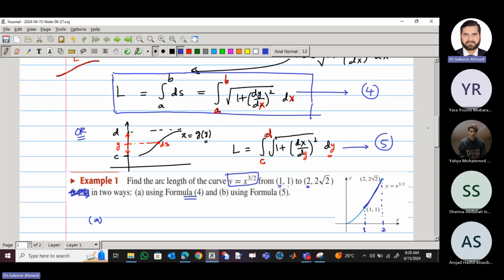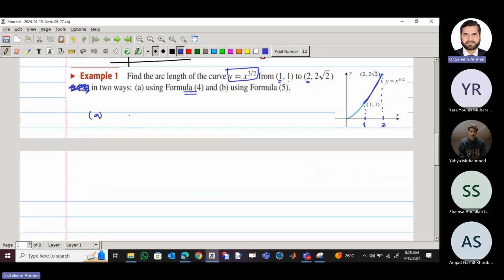So when I use formula 4, it means I have to find dy by dx first. Y is x to the power 3 by 2. So it will become 3 by 2 x to the power 3 by 2 minus 1. That is the derivative. So 3 by 2 x to the power 1 by 2. So therefore, the length of curve using formula 4 gives you, from A to B, A is from 1 to 2, the integral of square root of 1 plus dy by dx, which is 3 by 2 x to the 1 by 2, squared, dx.